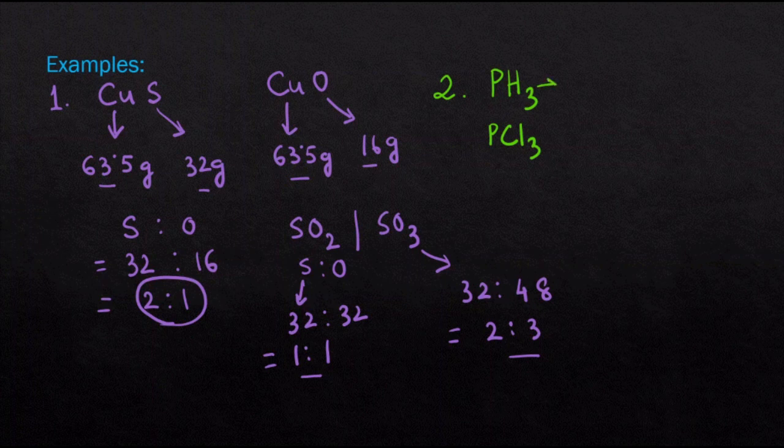For the first compound, let's get the mass ratio of phosphorus and hydrogen first, and it is 31:3. Whereas for the second compound PCl3, the mass ratio between phosphorus and hydrogen is, here it is chlorine.